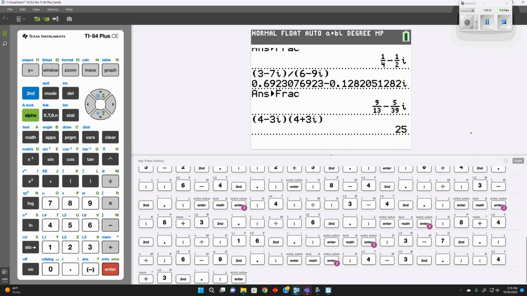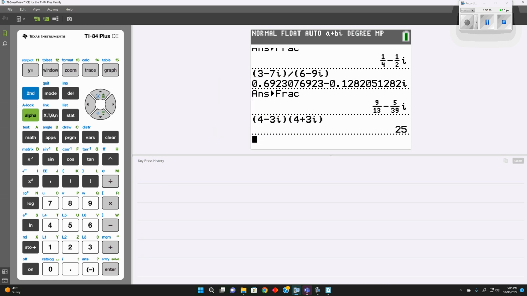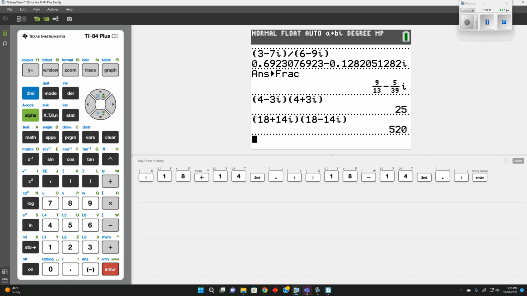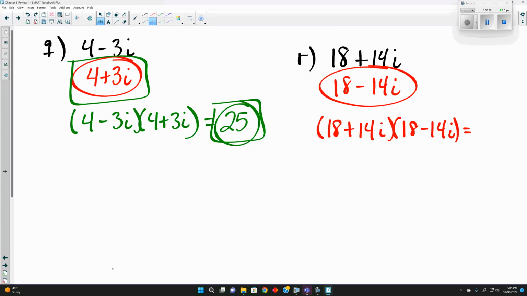So in the calculator, we would have parentheses 18 plus 14i times 18 minus 14i, which is 520. So the two answers for this part are 18 minus 14i and 520.